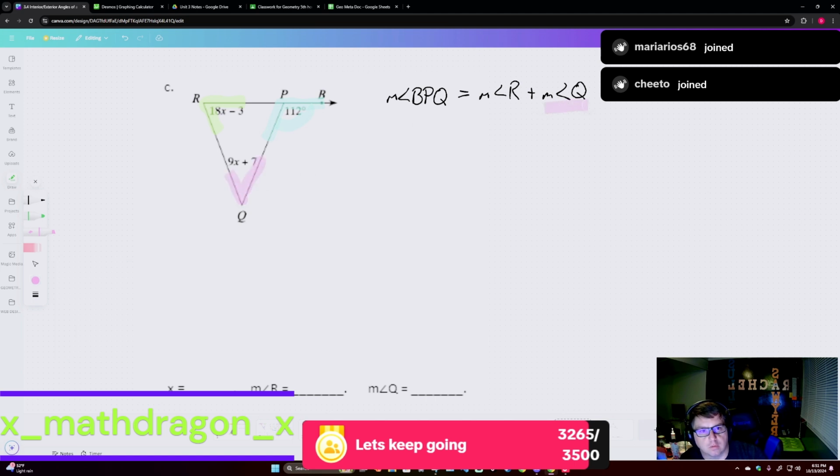So angle Q is pink, angle R is green, angle BPQ is turquoise or baby blue, whatever you want to call it. So this is the exterior angle sum theorem.